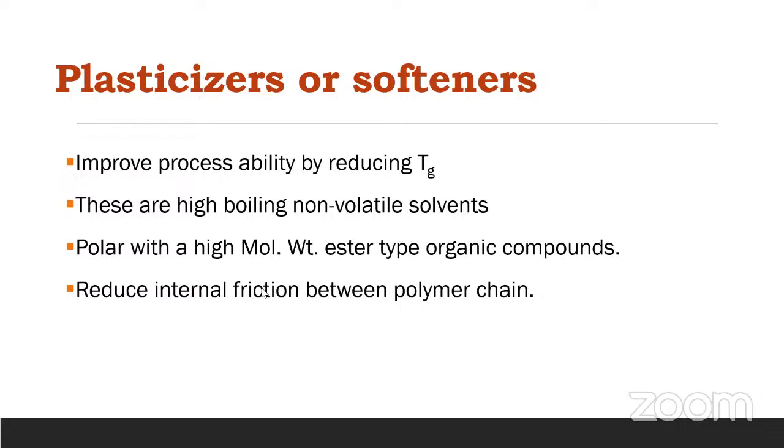I will not go technically into it; I will keep it simple. It is the temperature at which the material turns from glassy to rubbery. Let's say a specific polymer has a glass transition temperature of 50 degrees Celsius.